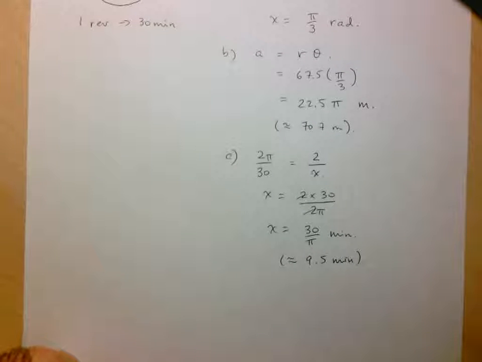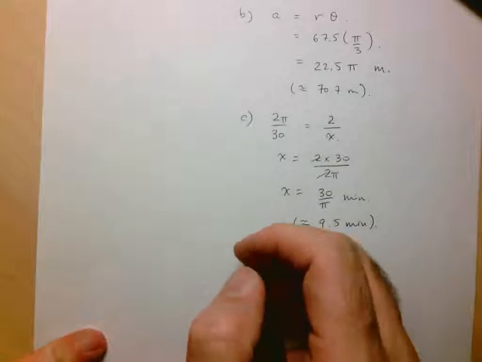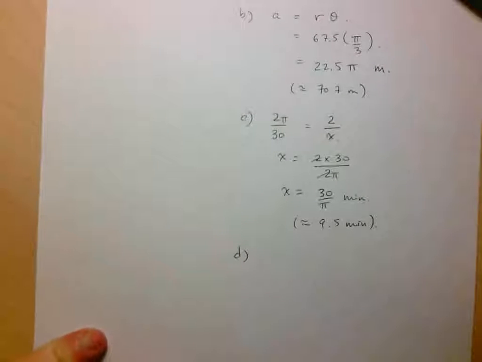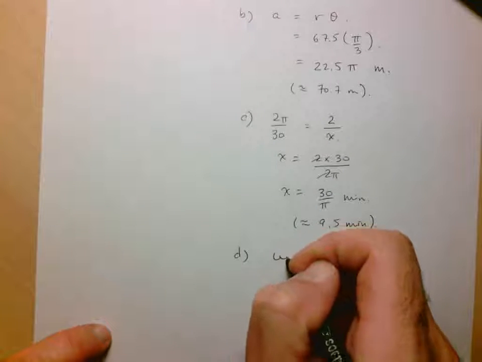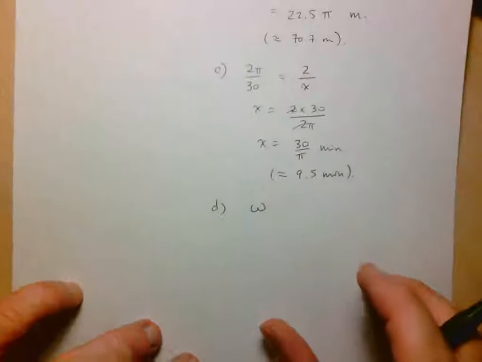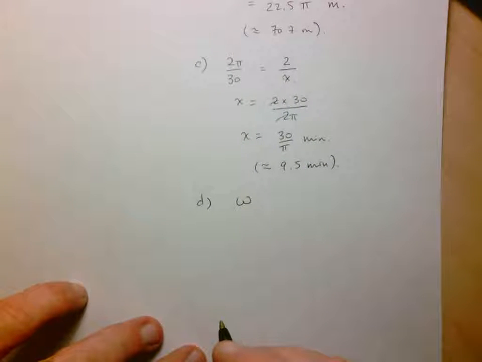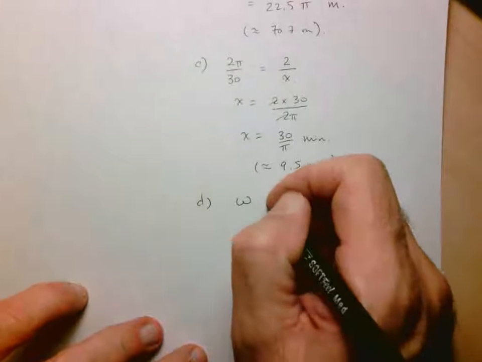D says, what is the angular velocity of a passenger in radians per second? Angular velocity is a measure of angle per unit time, but the information is given to us in terms of minutes, so we'll have to do a change of units. Angular velocity is denoted by the letter omega, the lowercase omega in the Greek alphabet.